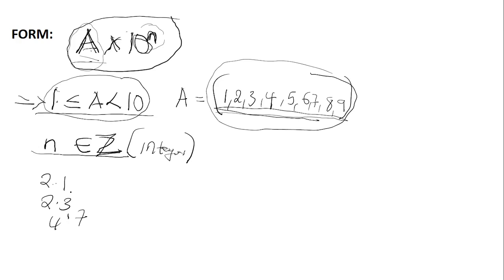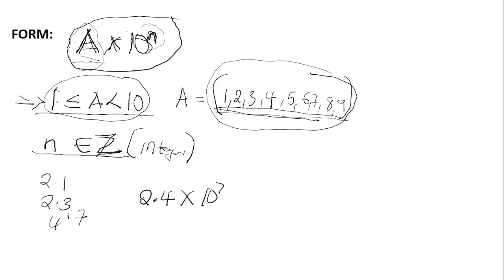So what we are saying is that, for instance, 2.4 times 10 to the power 7. When you look at this 2.4, it's in between the range from 1 to 9.